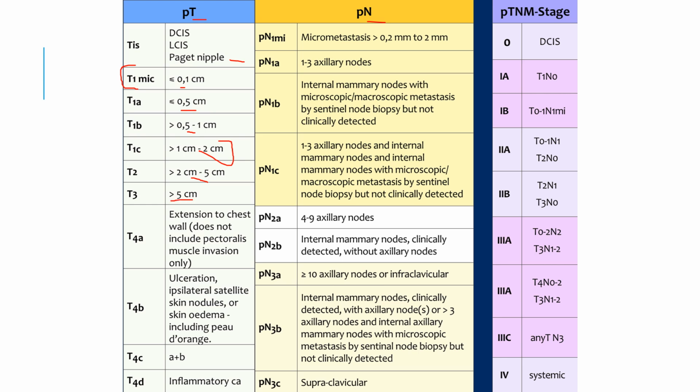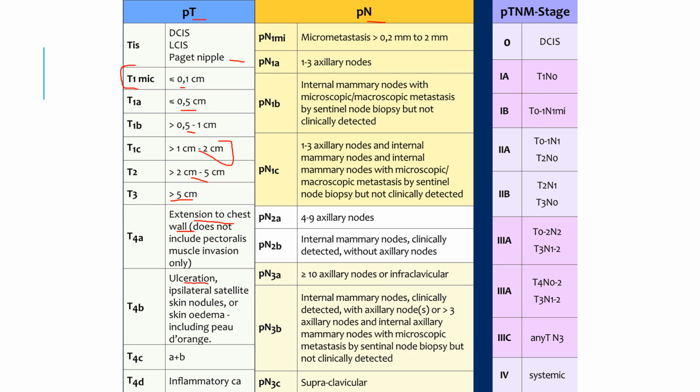Now T4 again is for A, B, C, D. Once it has increased in size, it is extending anteriorly and posteriorly. Think of it like that. So T4a is extension to the chest wall. It does not include pectoralis muscle invasion only. It includes extension to the chest wall.